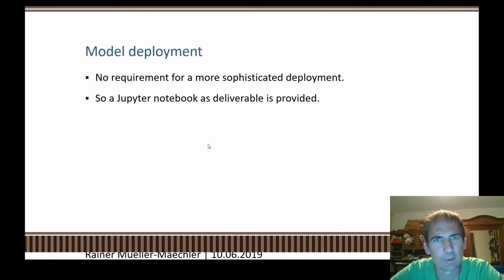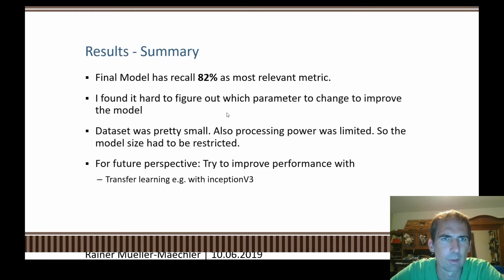Model deployment is not a requirement. There is no requirement here in the project, so I just delivered the Jupyter notebook. Well, the result, recall, was already mentioned, and I found it very hard to figure out which parameter to change to improve the model, and also how complex you should make the neural network, how many layers, and so on.